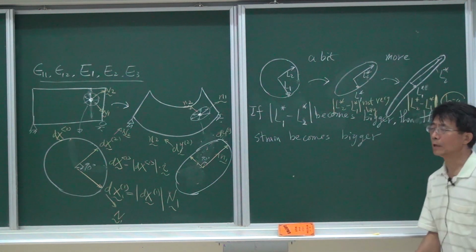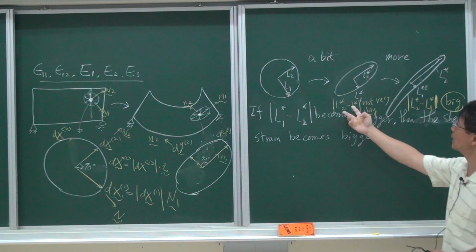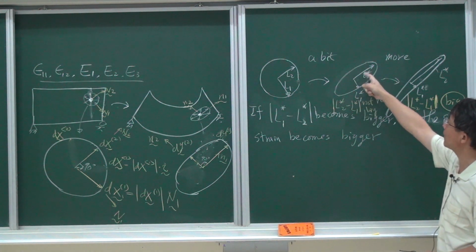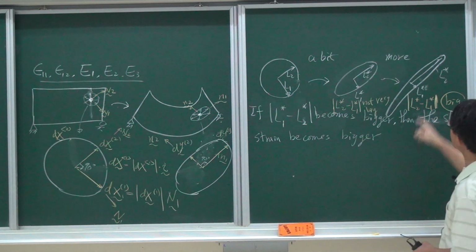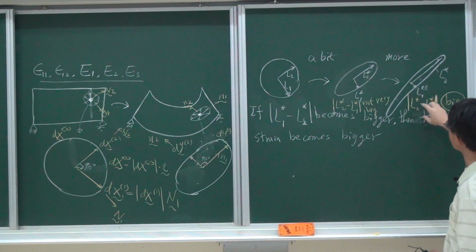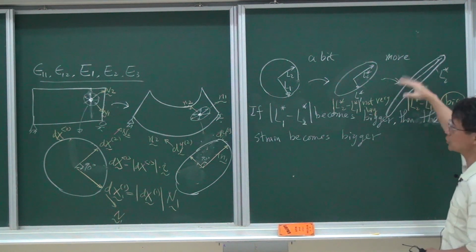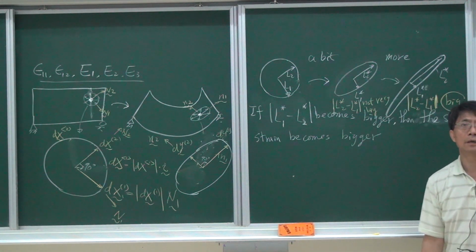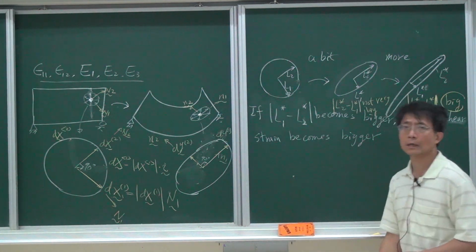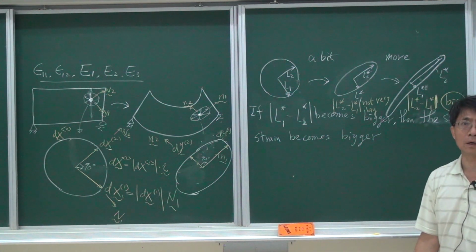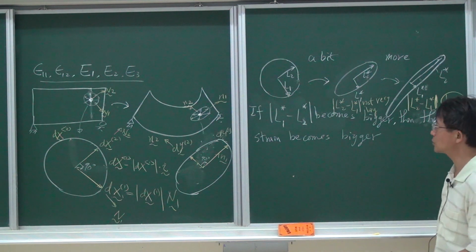Understand? We look at the term here. If this one minus this one is not very big, then the shear is not very big. If it becomes very big, then the shear strain is very big. So this term is a good quantity to represent the shear strain.